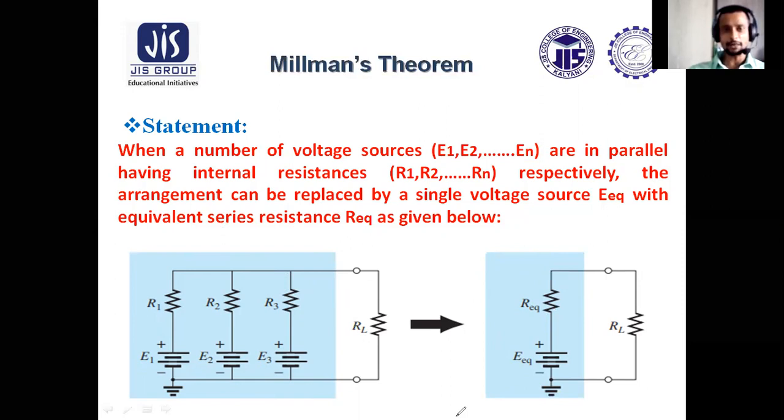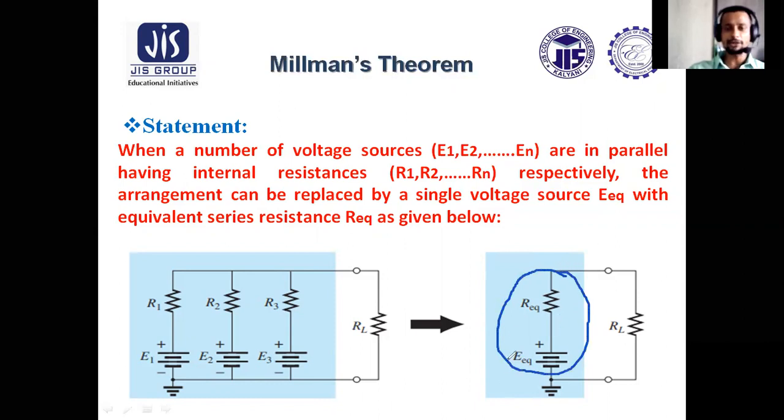So as per the statement of Millman's theorem, any electrical network comprising different voltage sources with their internal resistances connected in parallel can be represented by an equivalent circuit which comprises one voltage source with a series resistance.